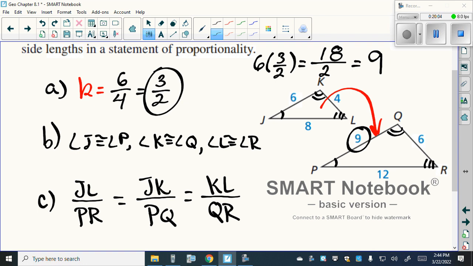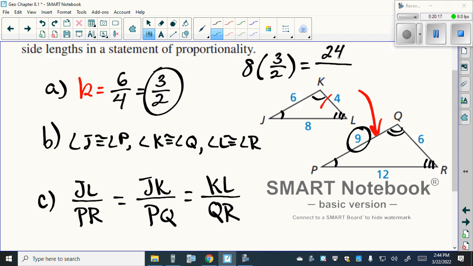Now, if I did the same thing with 8, what number do we want to get? 12. Now, 8 times 3 is 24. And 24 divided by 2 is? So we get the exact same thing that we're supposed to get.